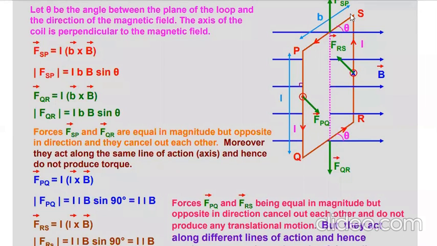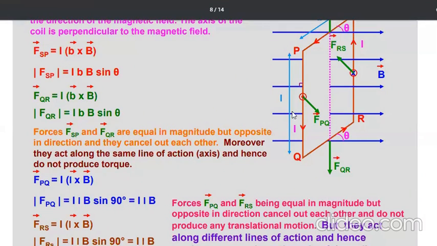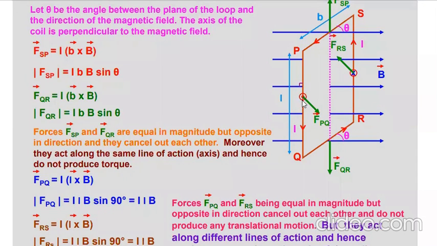If you apply Fleming's left hand rule, placing your middle finger along the length of the conductor in the direction of the current, and forefinger in this direction, then your thumb will be directed in this direction. That gives the direction of force F_PQ.